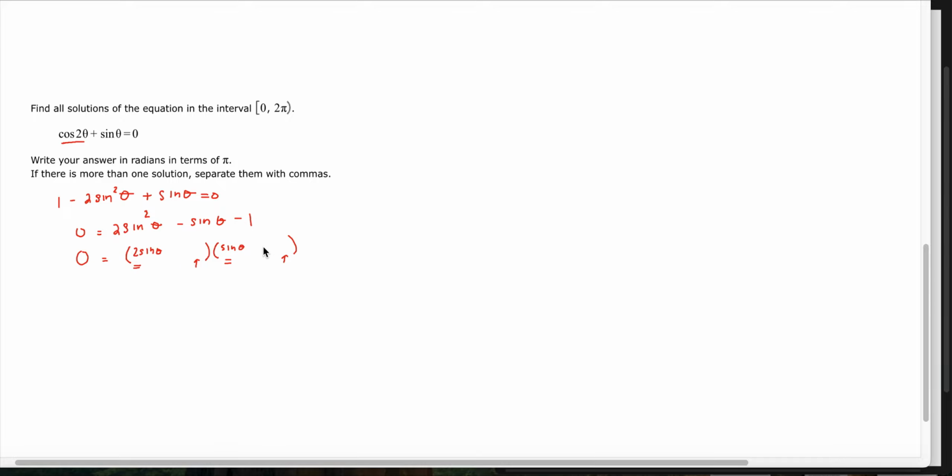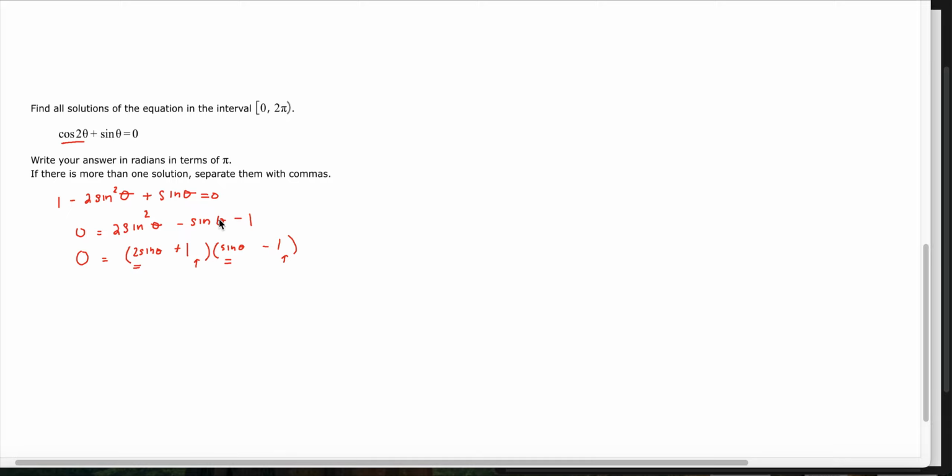So if I put a -1 here and a +1 here, then think about what happens when I multiply this out. 2 sine theta times sine theta equals 2 sine squared theta. Check. Outside would be minus 2 sine theta. Inside would be plus 1 sine theta.